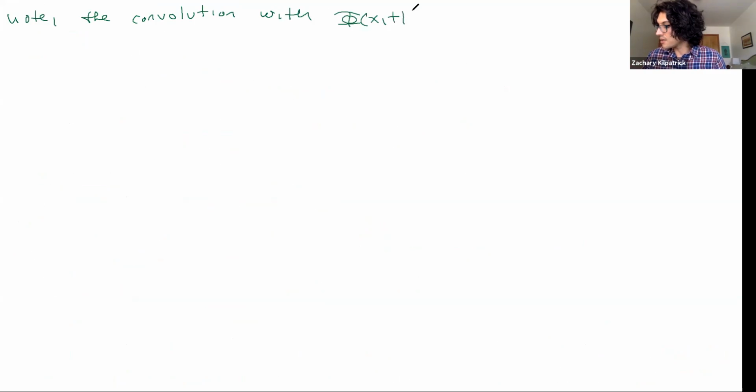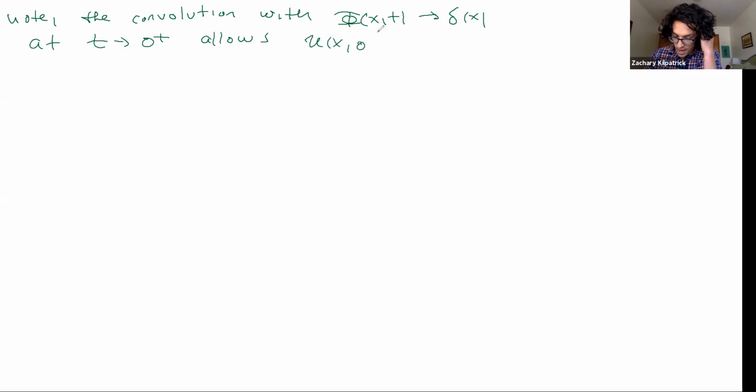And that's that, note, the convolution with phi of x, t goes to delta of x as t goes to 0 from above, which allows u of x, t, I want to write that as a limit, goes to g of x as t goes to 0 from above, okay?